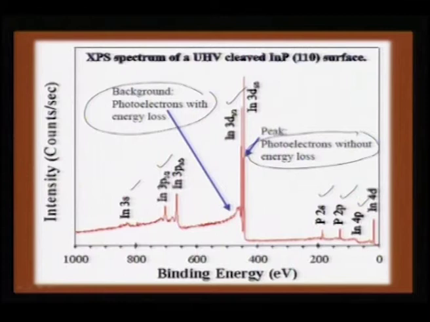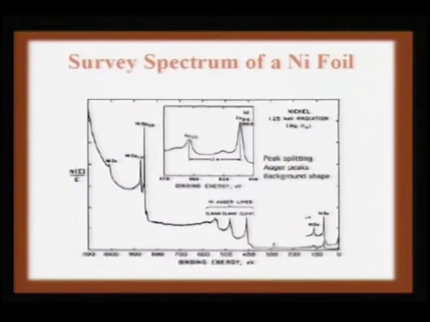So, each of this peak can be monitored precisely, and this is a survey spectrum of a nickel foil, which clearly gives you the peak for 2p and also for 3s and 3p electrons, and in between you also see the Auger lines which are coming.